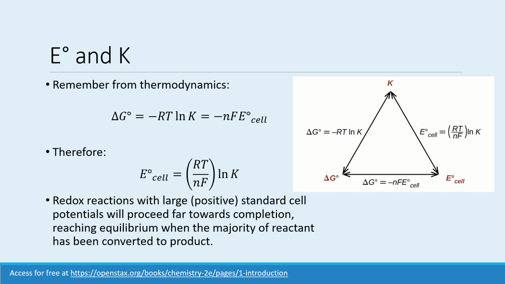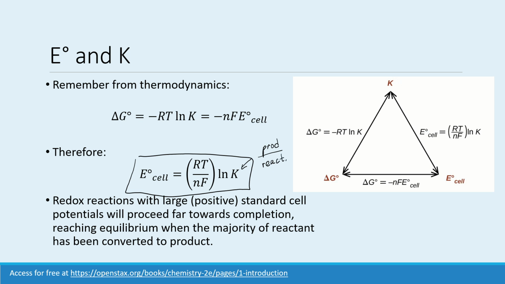So from that equation, where we relate the cell potential and the equilibrium constant, we can see that if we have a very large standard cell potential, of course that means that we need to have a very large K value, and in order to have a very large K value, remember that that's always the products over reactants, of course, raised to the power based on their coefficients.